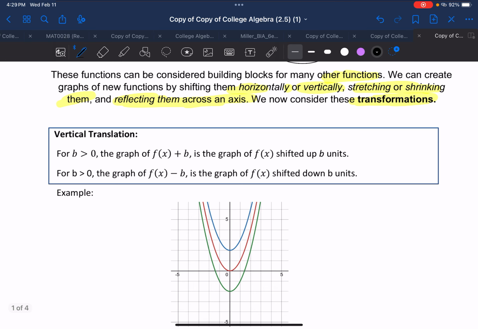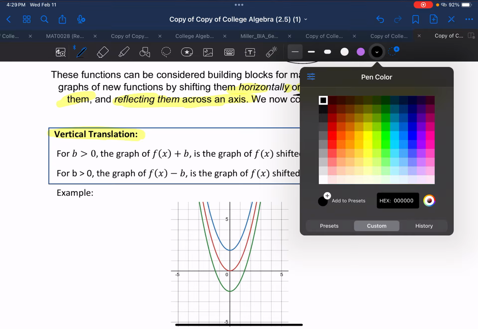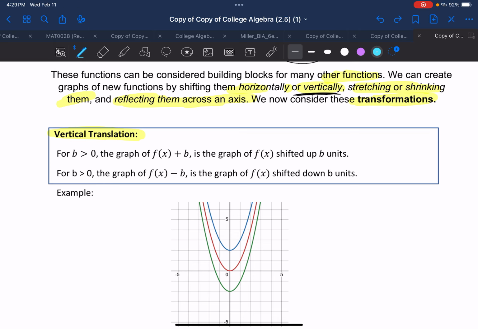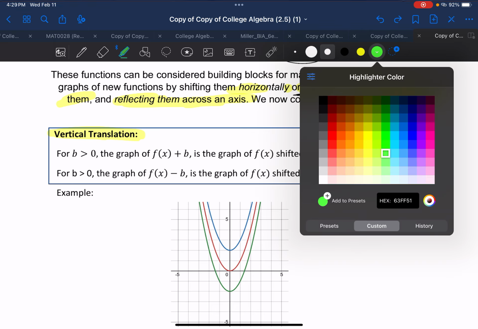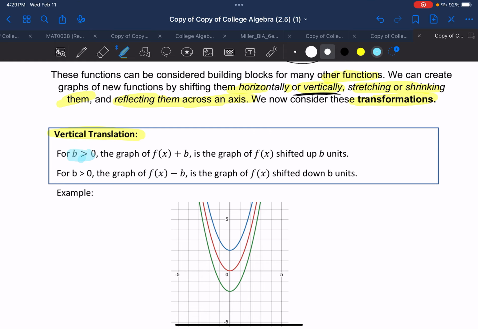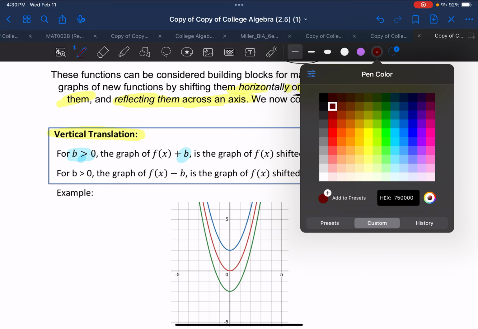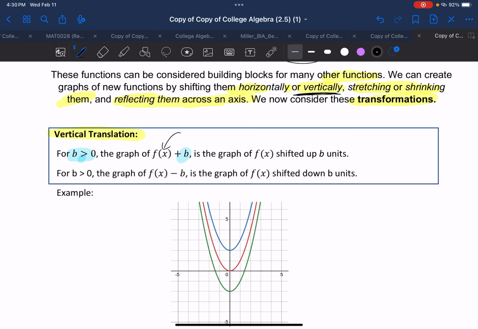Okay, so the first one we're going to go over are vertical translations. And so the definition of that says that for b greater than 0, the graph of f of x plus b, and here I want you to know that when they say f of x, they're talking about one of these base graphs.